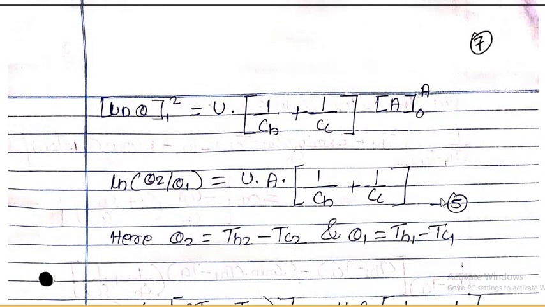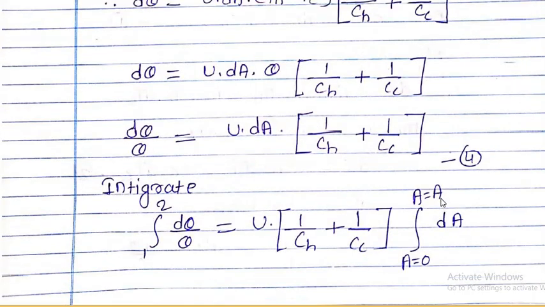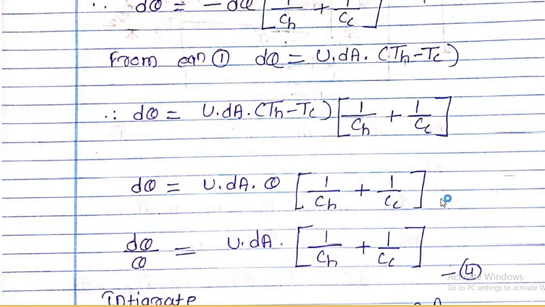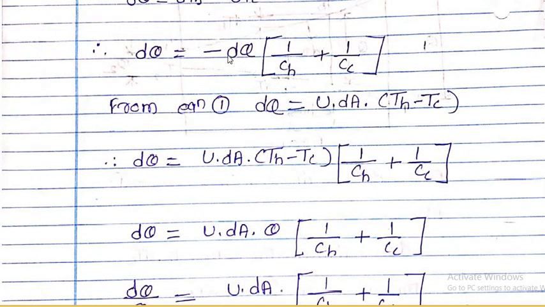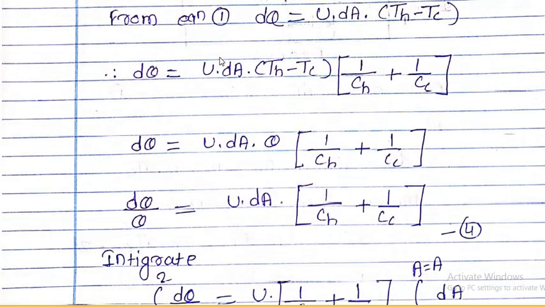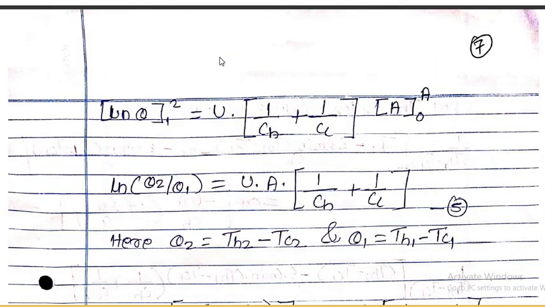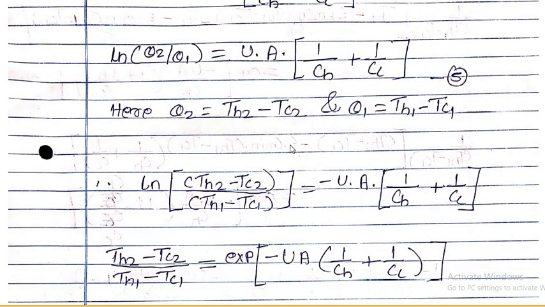Here, by mistake, the negative sign was missed. The negative sign should be there, so I have put the negative sign once again: minus U multiplied by A multiplied by bracket 1 divided by C_h plus 1 divided by C_c.